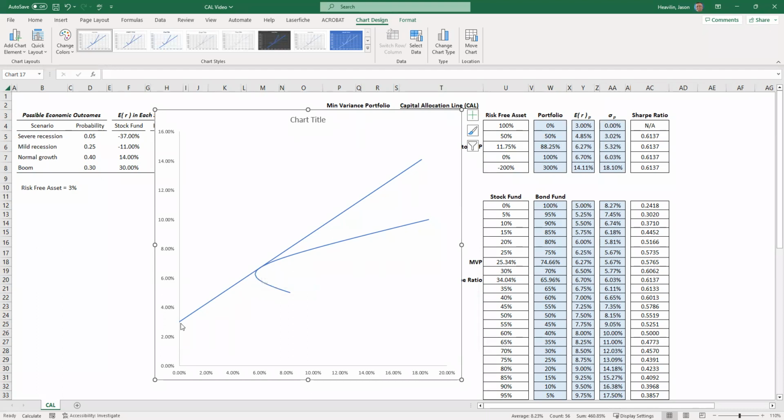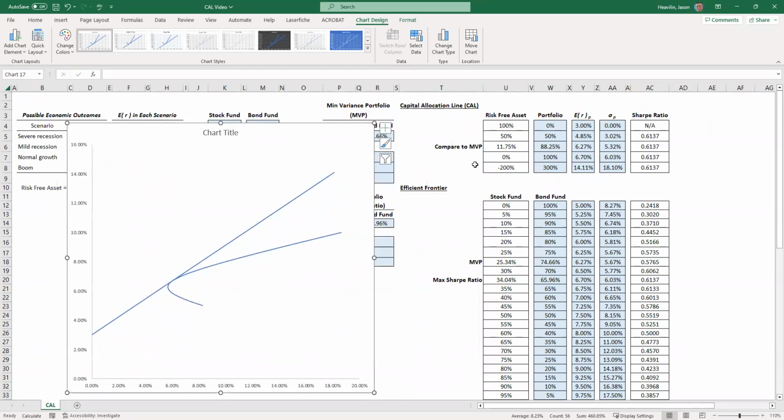But as you can see, the capital allocation line, which is the one combined with the risk-free asset, gives you an opportunity set where you can get the same returns but for lower standard deviation, or higher returns for the same standard deviation. And that is the advantage of the capital allocation line when you have a risk-free asset involved.